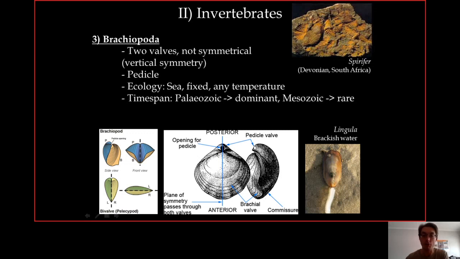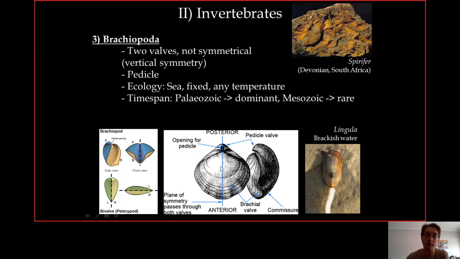So it can be attached to a rock. So they usually live in a high energy environment. And in this high energy environment, they can remain attached to their substrate using that foot. So that's why the two valves are not the same. It's because one of them has the foot on it and not the other.